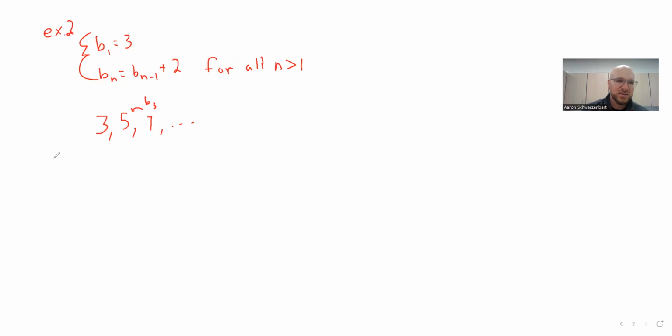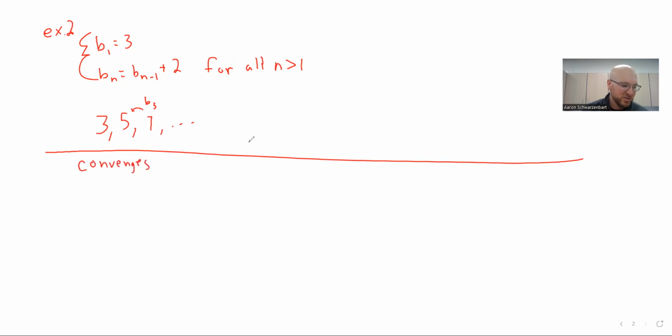Before we talk about Example 3, we need to talk about convergent versus divergent, or converges or diverges. Converges means there's a limit of my sequence. Remember, we've talked about limits in the past, and that's saying, where is it going towards?